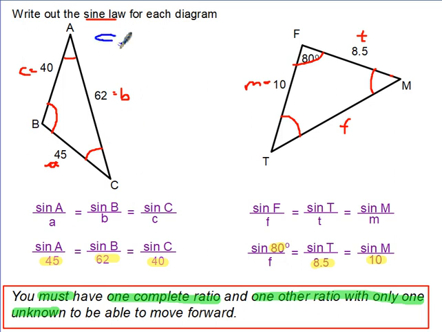Now, this triangle over here is very specific. It's called a side-side-side triangle, because we're given all three of the sides, and this is a situation where the sine law will not work. In this example, we have two side lengths and an angle contained between them, okay?